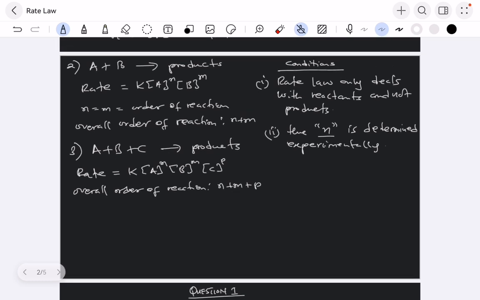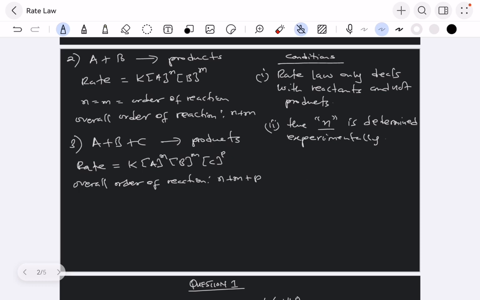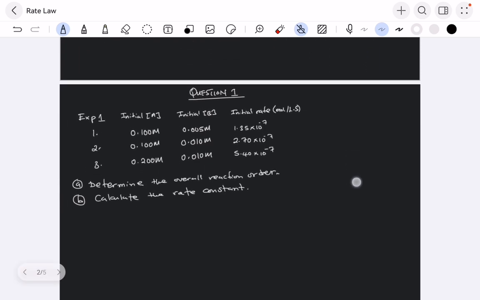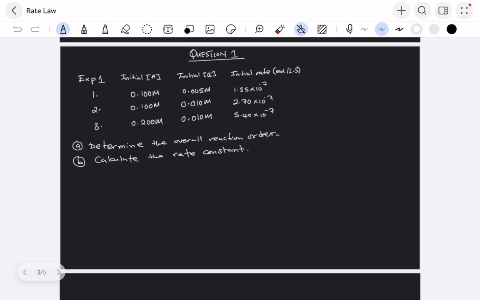Now I want us to quickly go into the questions on how to determine the rate law. So we have questions of this nature. To determine the rate law, like I mentioned, we perform experiments.